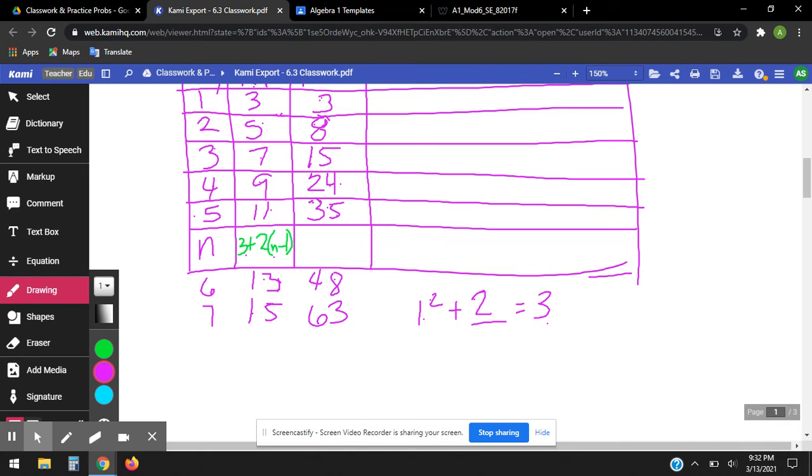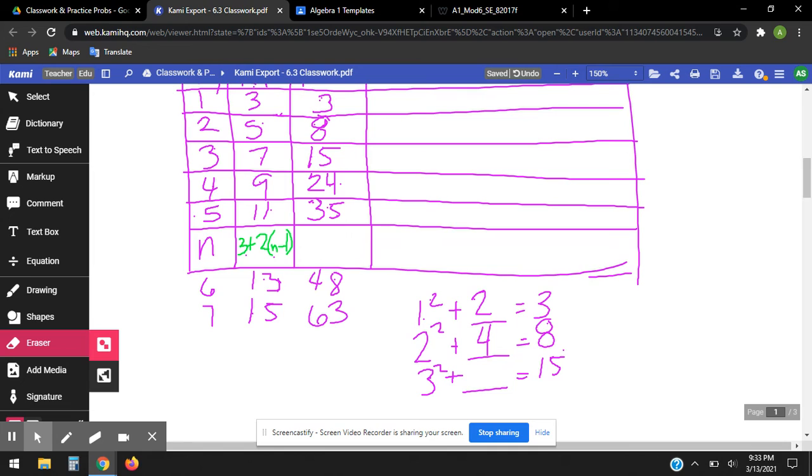And if I say 2 squared plus something equals 8, well, 4 plus 4 equals 8. 3 squared plus something equals 15. 3 squared is 9. 9 plus 6 equals 15.